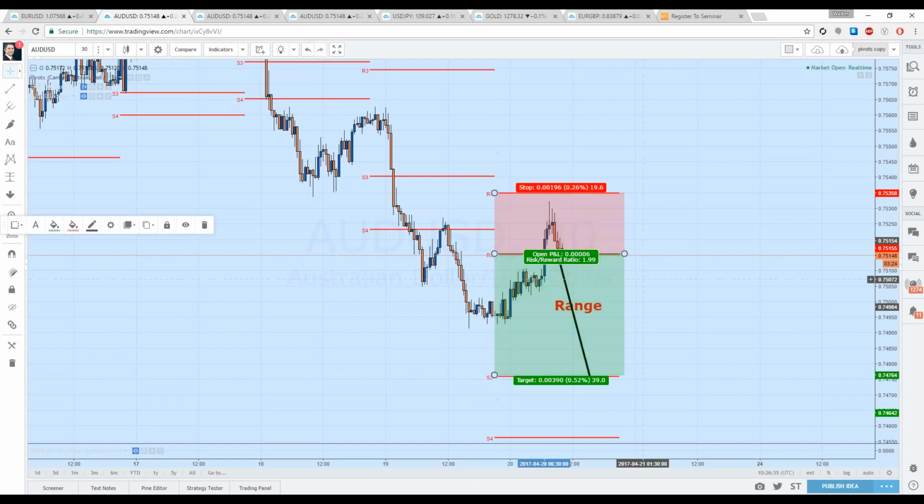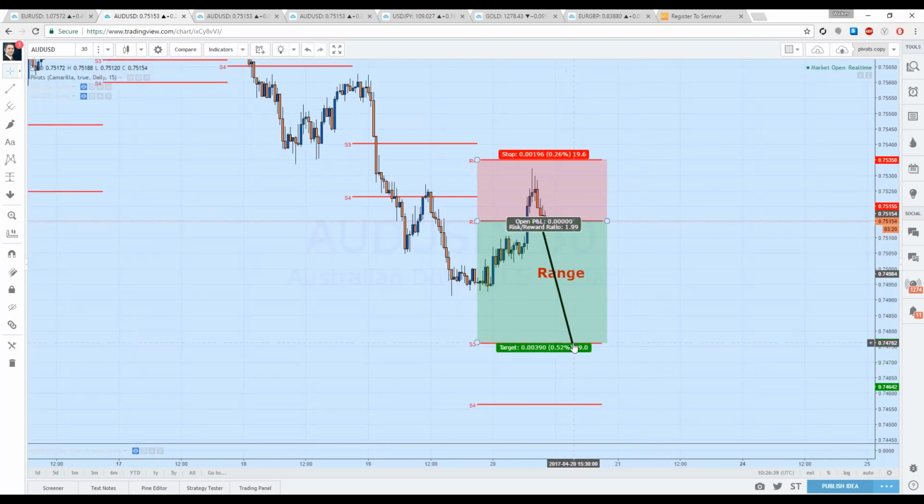What makes this different than our euro pound example would be that traders are not looking to buy the bottom of the range.